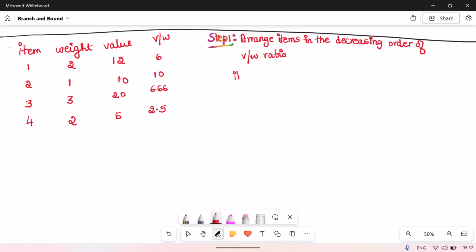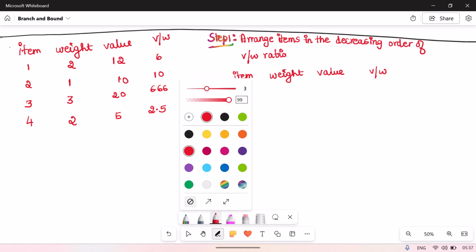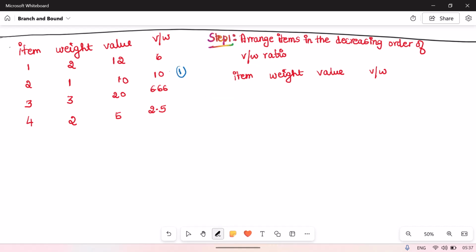So item, weight, value, and ratio. See, this is the first item that will come because value over W is the highest. So this will come first, followed by this one. This is third, and this is fourth.